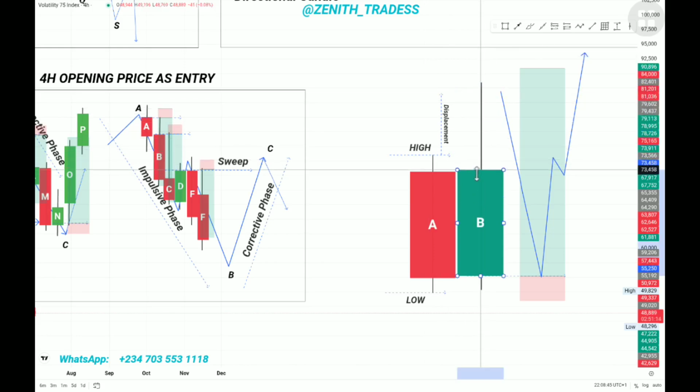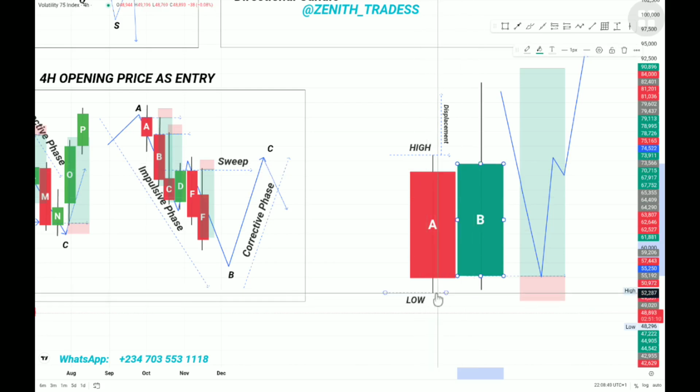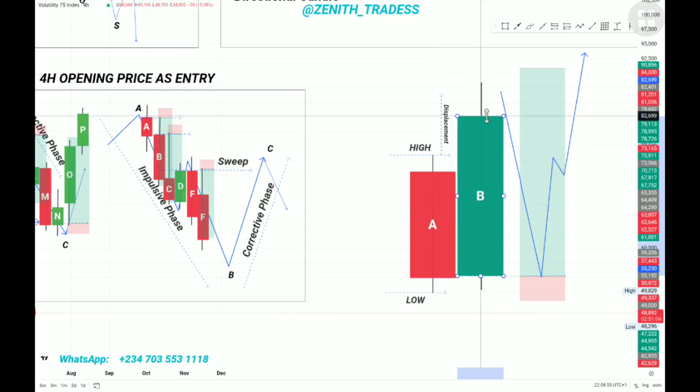Had the body closed like this, within the range. What I mean by the range: the low of candle A to the high of candle A is the complete range. Now, if the body closes outside the range, that is above the high for a bullish scenario or below the low for a bearish scenario, then it is closing with a body displacement. The distance from the high to where the body closes is what we call the displacement.